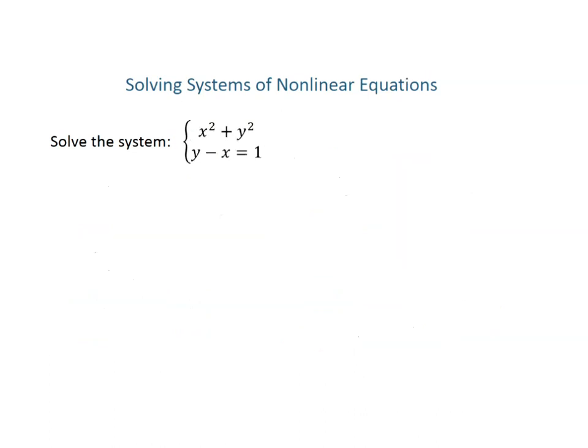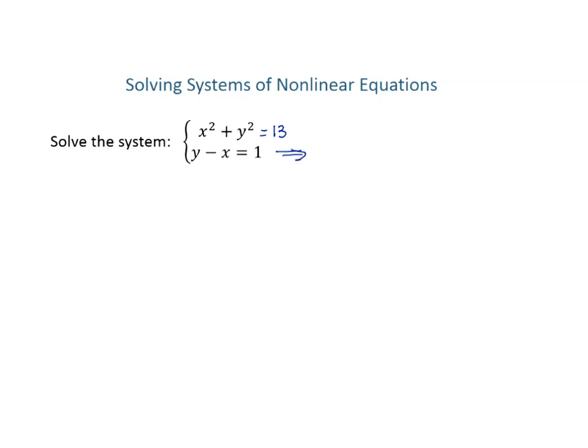All right, last one. And this one's missing something. I'm not sure how it got dropped off, but this should say equal to 13. All righty. So in this one, we're going to use substitution again. And it looks like the easiest variable to solve for would be this y, because all I'd have to do is move this term over. So since that's the path of least resistance, that's the one I'm going to choose for this problem.